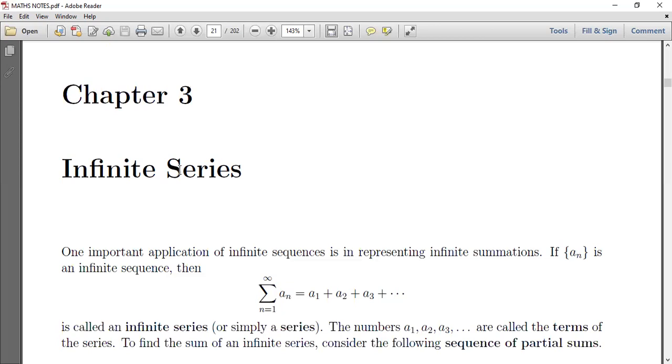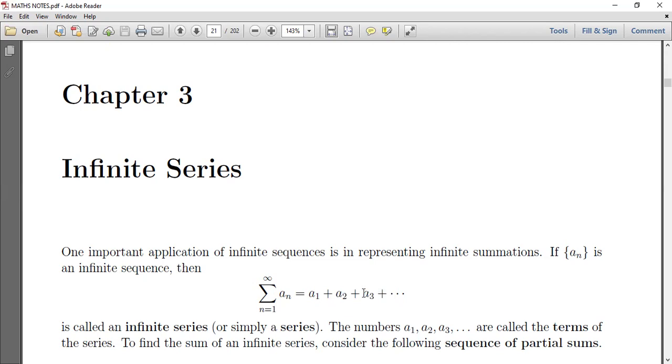Sequences are terms as they are. Now, when I talk about a series, we are looking at the summation of terms in a sequence. A series is a summation of terms in a sequence. You can see here we are now adding.